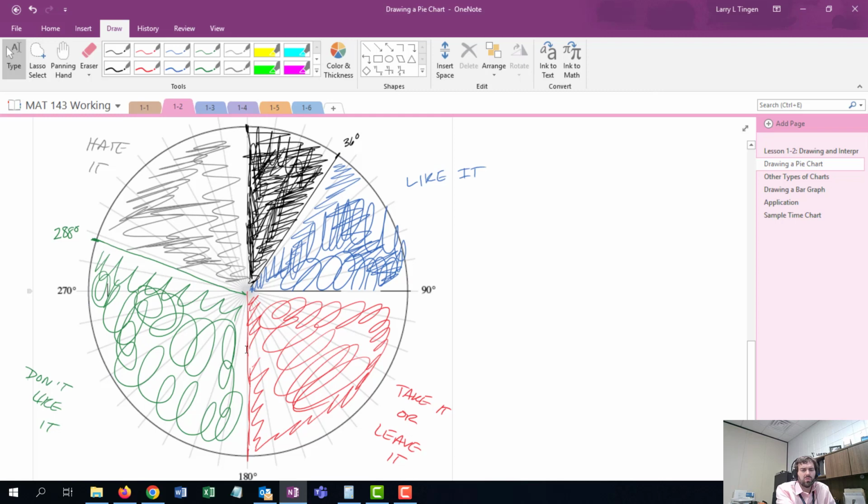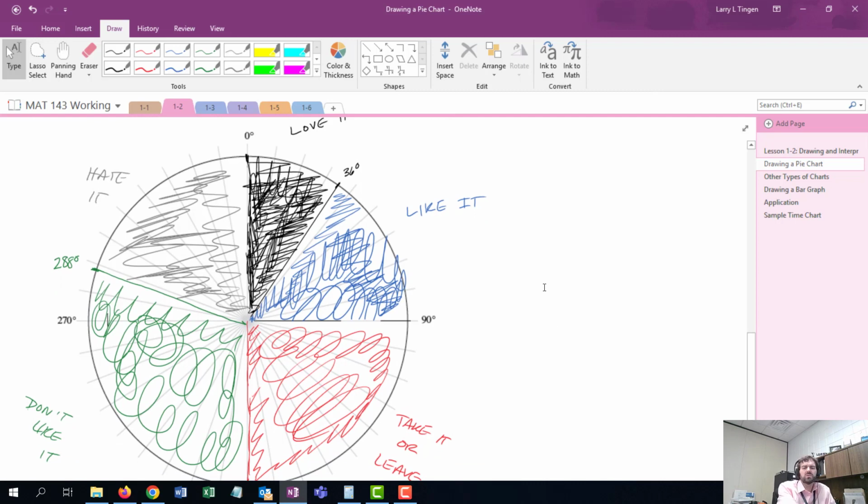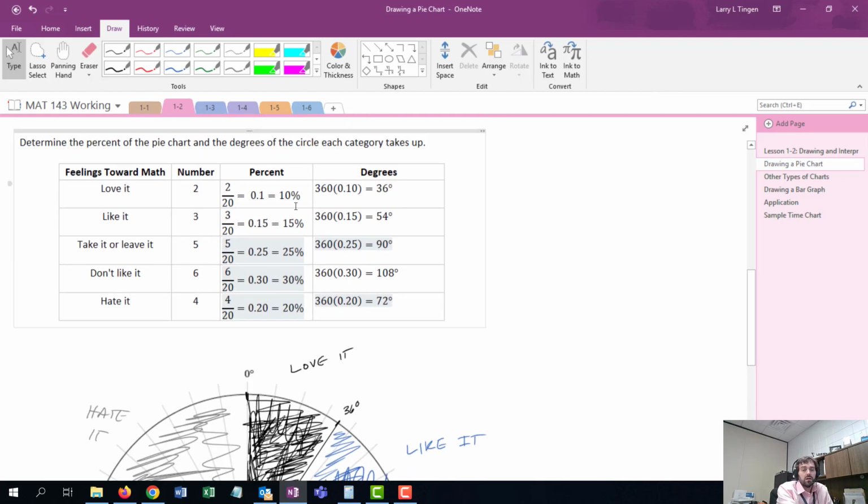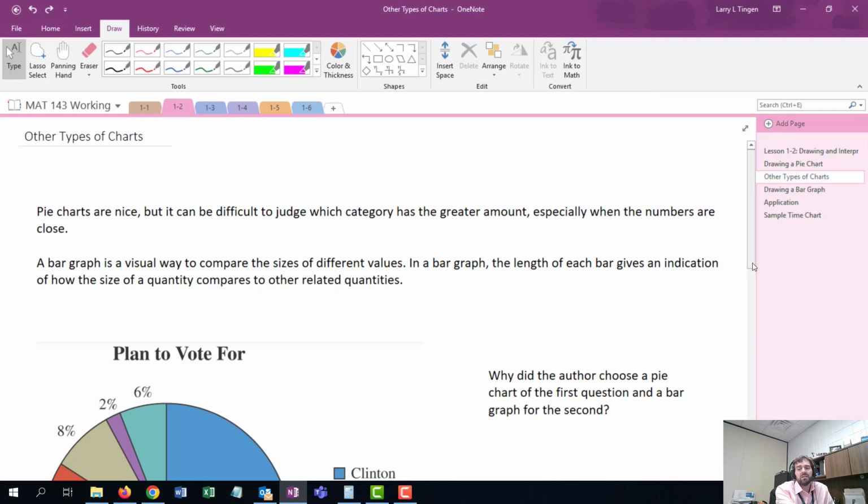And as we go around the chart, it's kind of hard to compare. Now these are all fairly far apart, so it's pretty easy to see which one is which. But if I had some where one was 78%, one was 19% and one was 21%, and you drew it and you didn't have an easy legend to read, it would be hard to tell just by looking at it which one is which. So that is why I'm a big fan of bar charts.